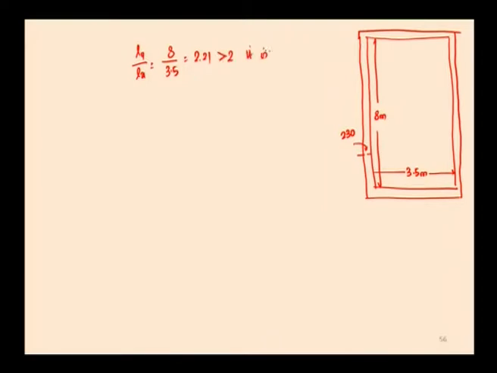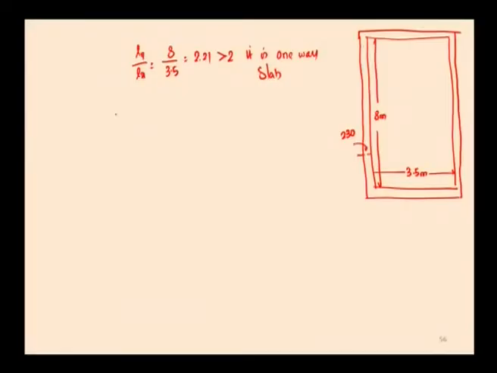So it is designed as a one-way slab. Before that, from the dimension of the room, we need to first identify whether the slab has to be designed as a one-way slab or two-way slab. Next, we need to calculate the load acting on the slab, the load calculations.